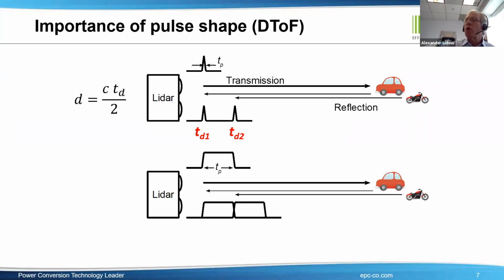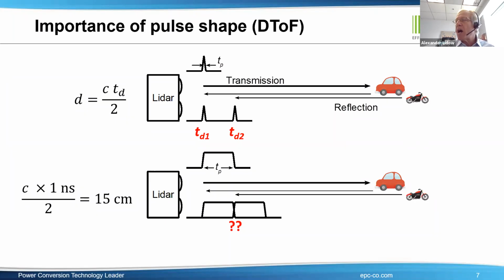Now, if you have a longer pulse width, as in this image, it becomes harder to distinguish between two objects. And of course, how do you know which one is which if you just get one long pulse back? In fact, the resolution can be very simply expressed this way: for every nanosecond, you get about 15 centimeters of resolution.